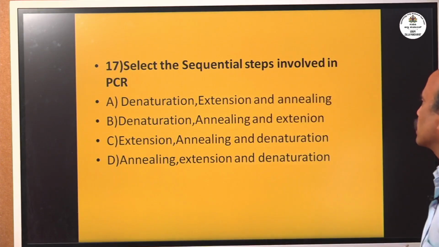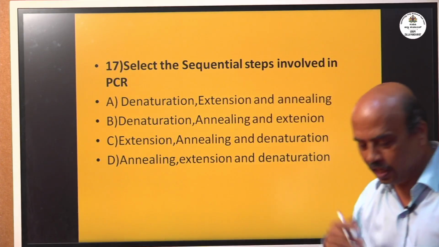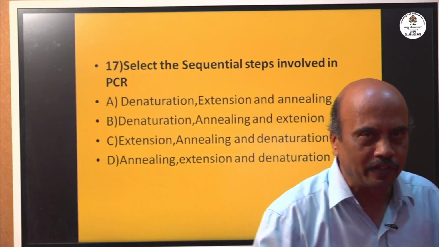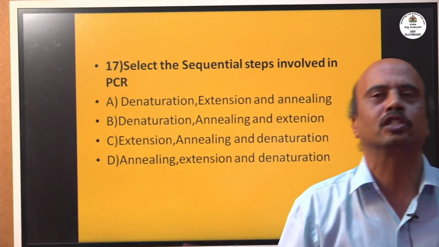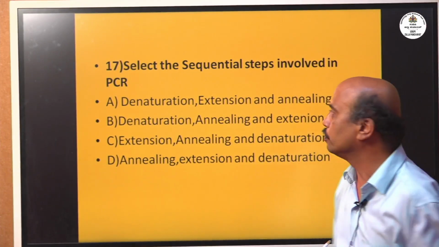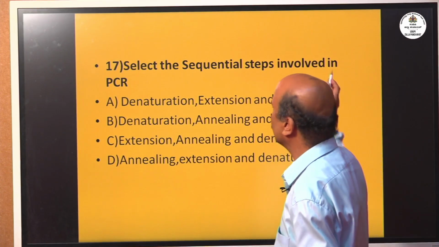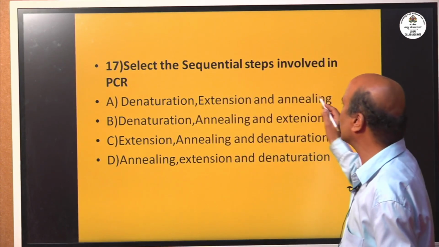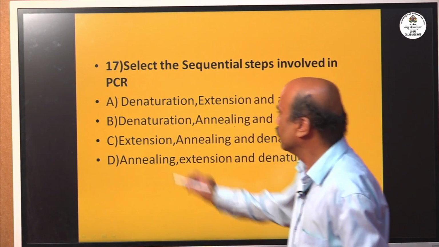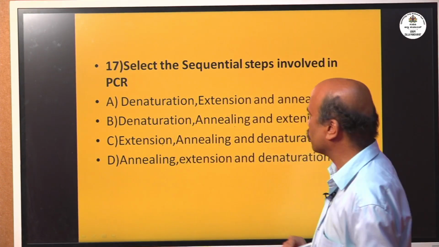Select the sequential steps involved in PCR. You know, PCR is polymerase chain reaction. It is an in vitro amplification of DNA segments to make large copies if the amount of available DNA material is very small. Now, what are the steps, the sequential steps? Denaturation, extension and annealing. Denaturation, annealing and extension. Extension, annealing and denaturation.